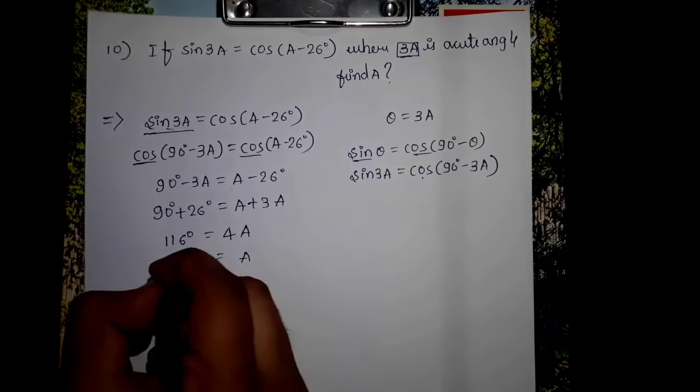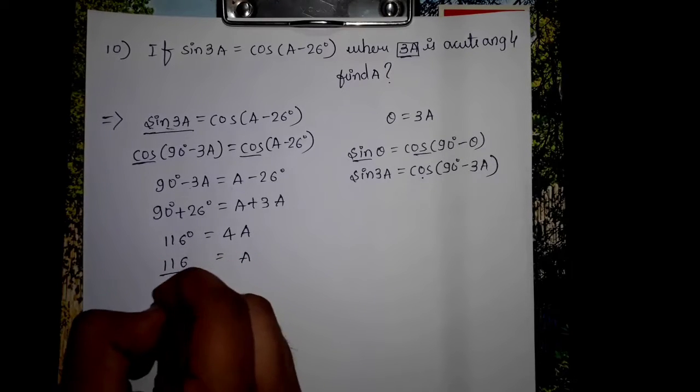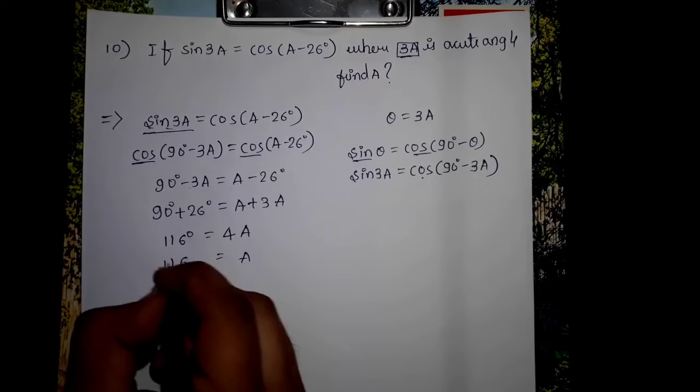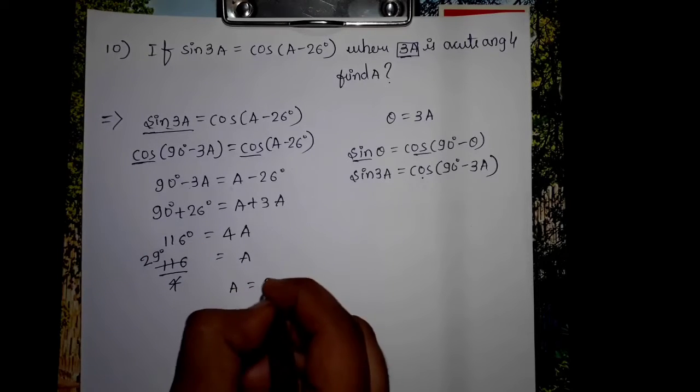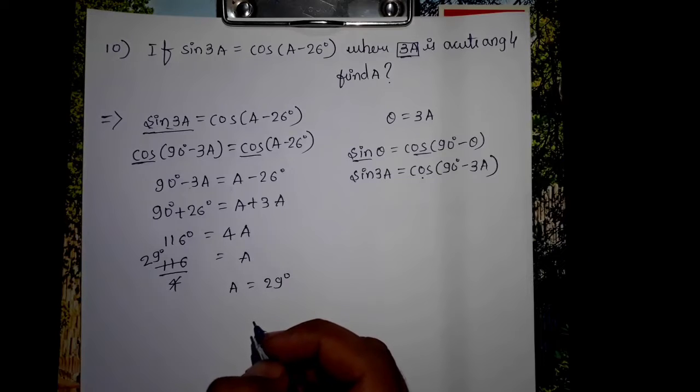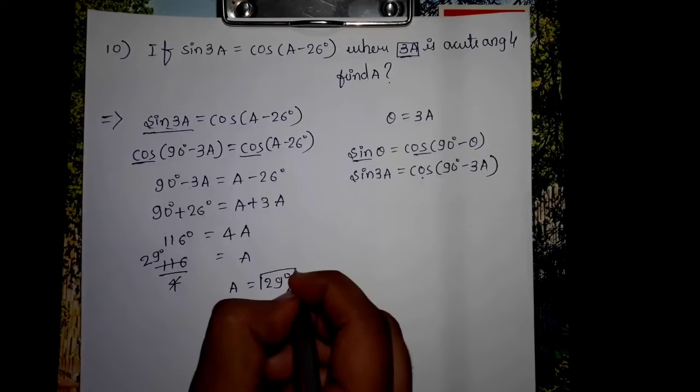A is equal to 116 divided by 4. 4 nines are 36. Therefore, A is equal to 29 degree. Then the value of A is 29 degree.